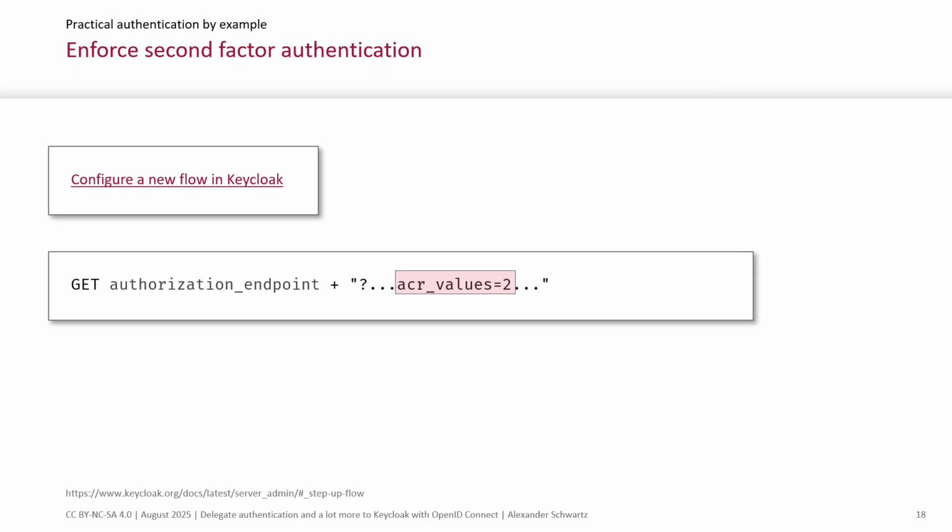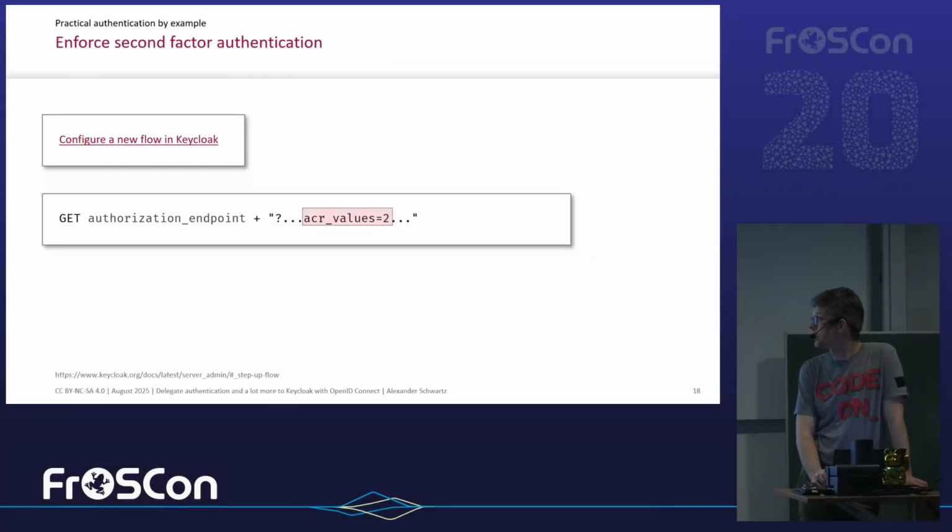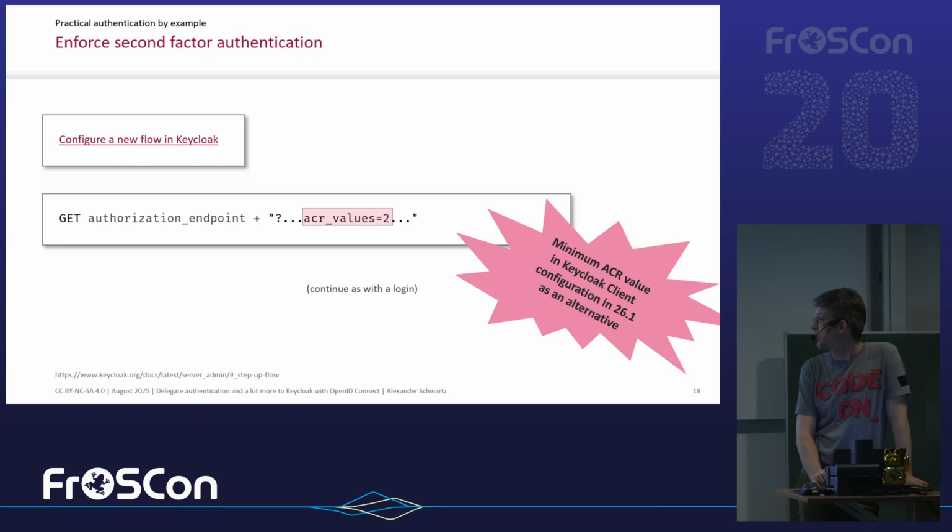For that, you can have a URL. Again, on this authorization endpoint, you put in ACR values to request an authentication level. You can imagine it like this. And then the login continues, and with ACR value 2, it will ask for the second factor only then, but only when it's not provided; otherwise it will not ask for that.